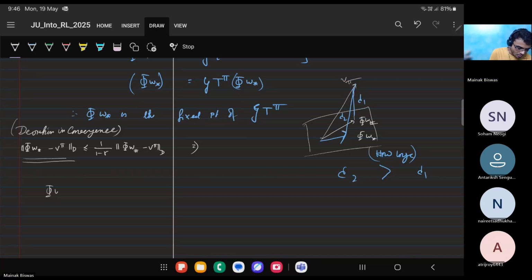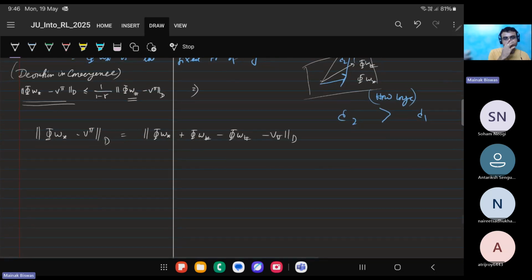Simple. What should be the first step? If I have this equation, what can I do? I need the hash to come in from somewhere. So the first step should be to bring in that hash term. I can do that: add W hash and subtract W hash, and V pi also you subtract. Next, what do I do?